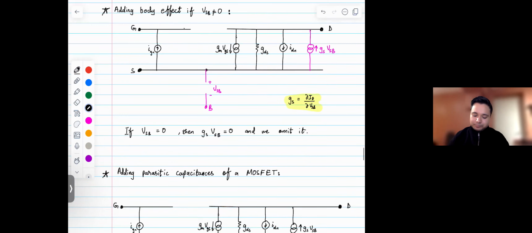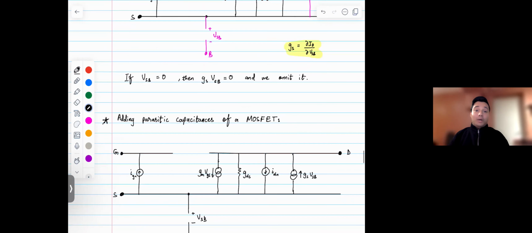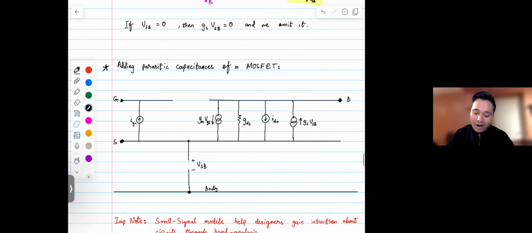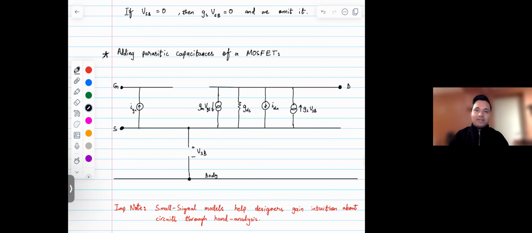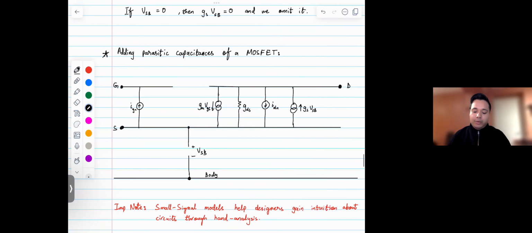All right, let's go one step further. Now, on top of everything that we have discussed before, let's say we also want to account for the parasitic capacitances. If you look at the MOSFET geometry, between any implants or any metals, there would be capacitance.